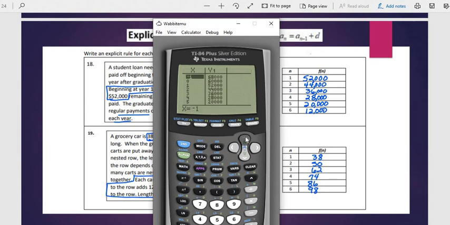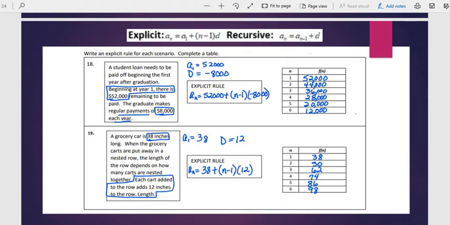Now if you needed to go backwards, if your table's not there yet, because this goes all the way to negative numbers, go down right here and you're looking for the X right here. This is your X, your N. So these are the numbers that you need, and here's the money that you owe right here.